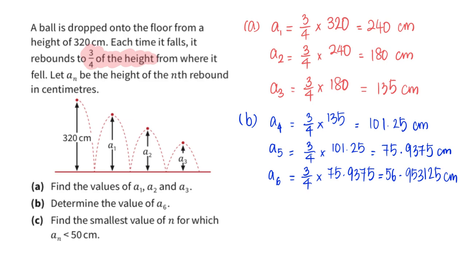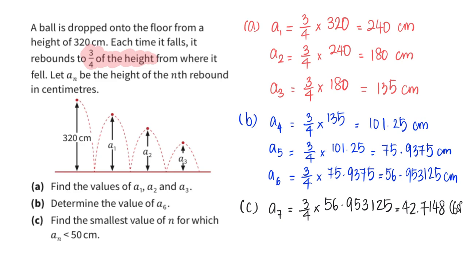So if we continue, do take note that the moment we reach A7, we would go below 50 cm, as this will be 42.6 to 3 sig fig.